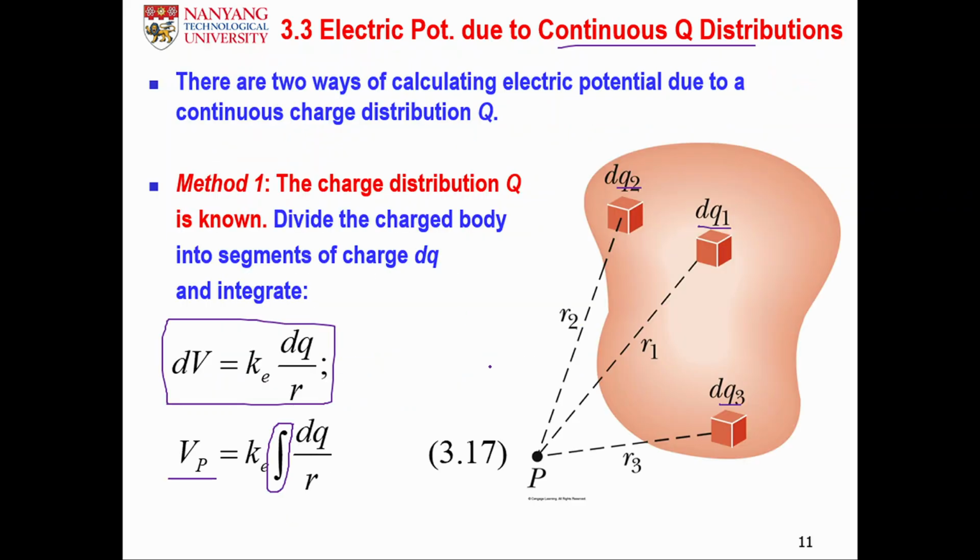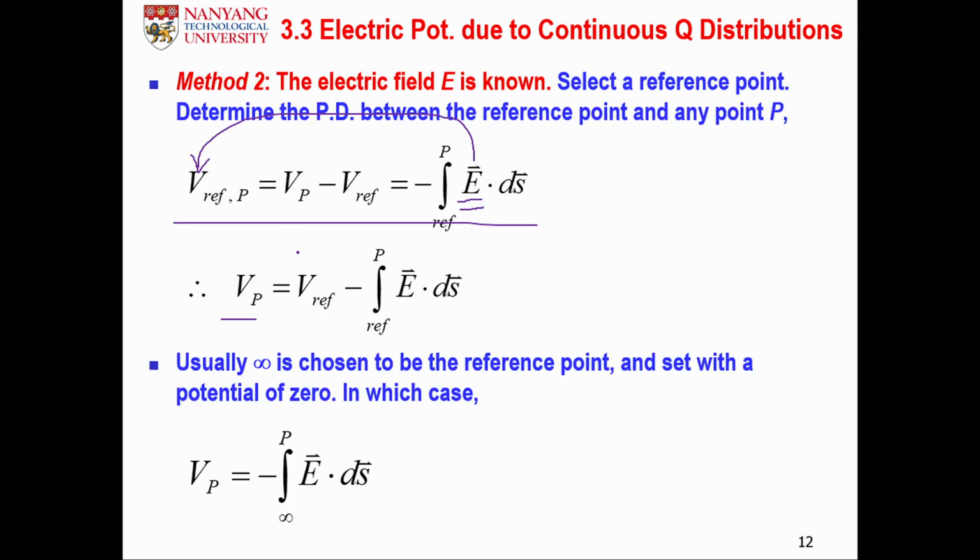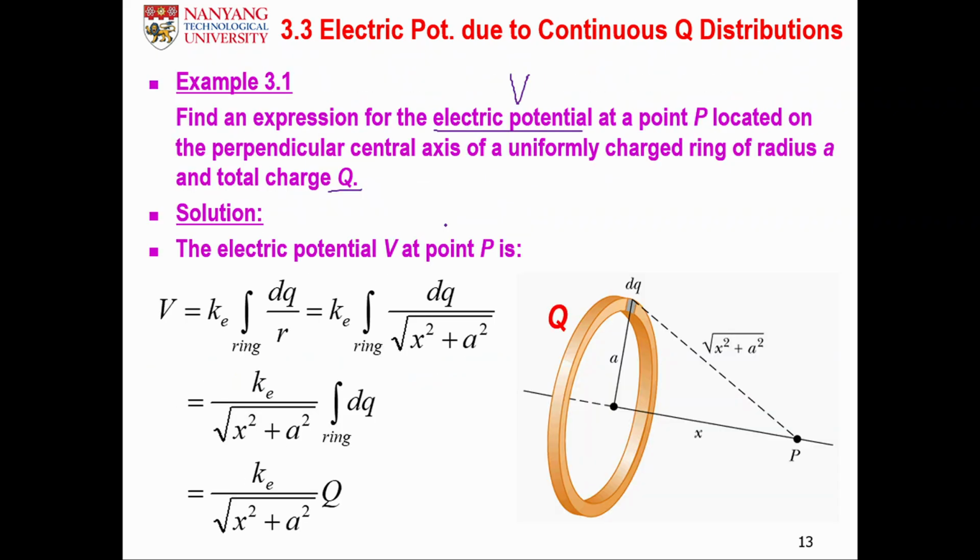Which one is more likely to be feasible, method 1 or method 2? If you want to use method 2, basically you need to consider, can you somehow determine E first? And in this case, actually we can just use method 1, starting from the single point charge.